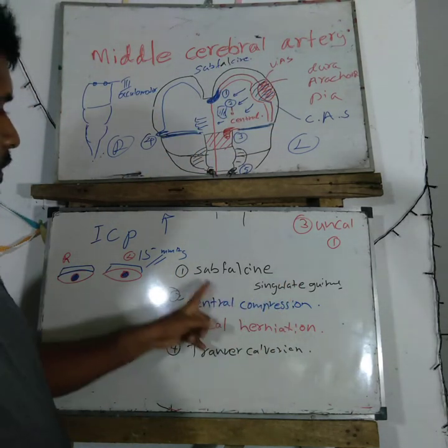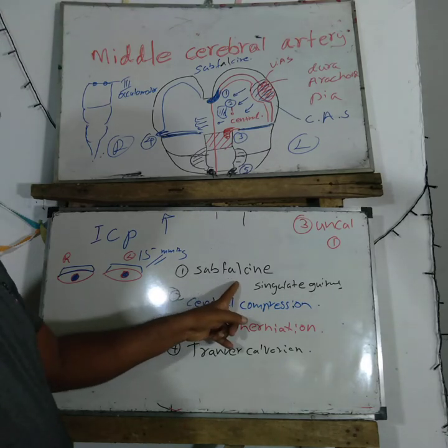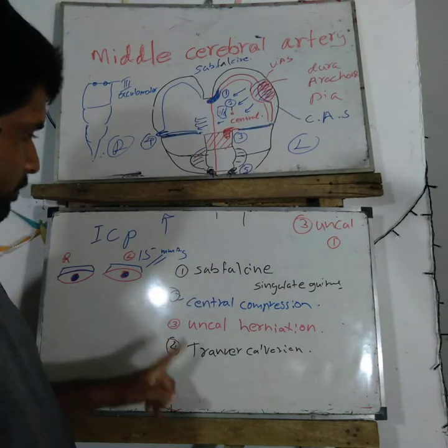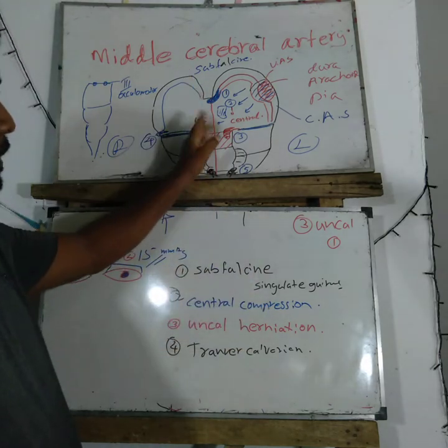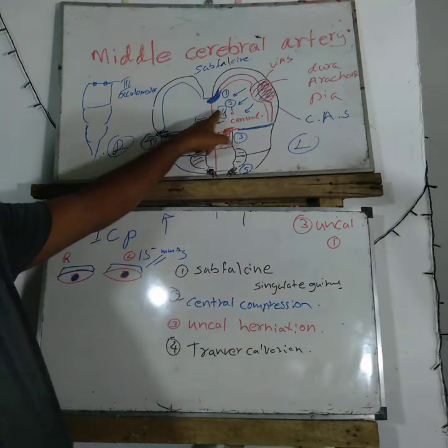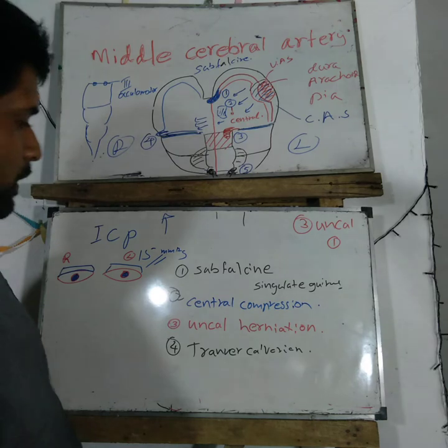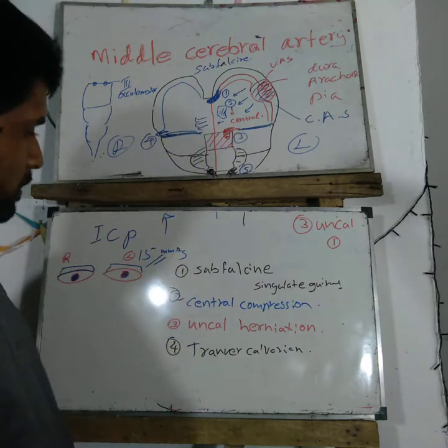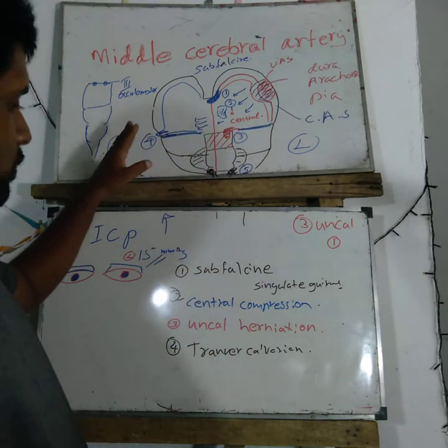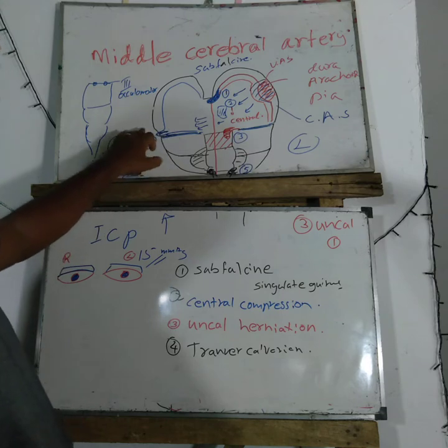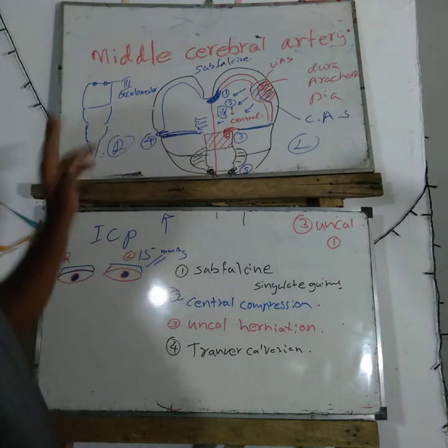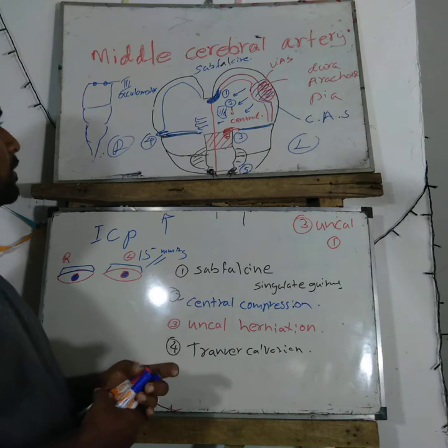The cingulate gyrus, the prominent area, and central compression. This is the central CSF fluid area, uncal herniation, and transtentorial herniation, the lateral side of the temporal region herniation.